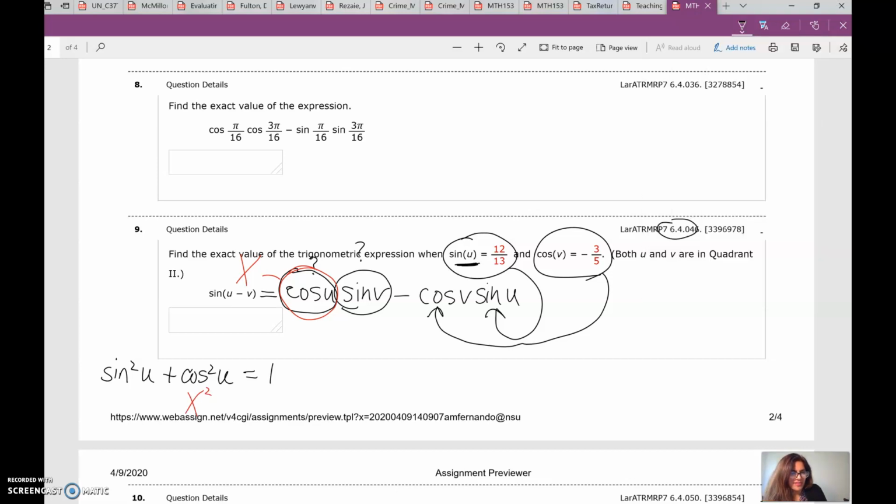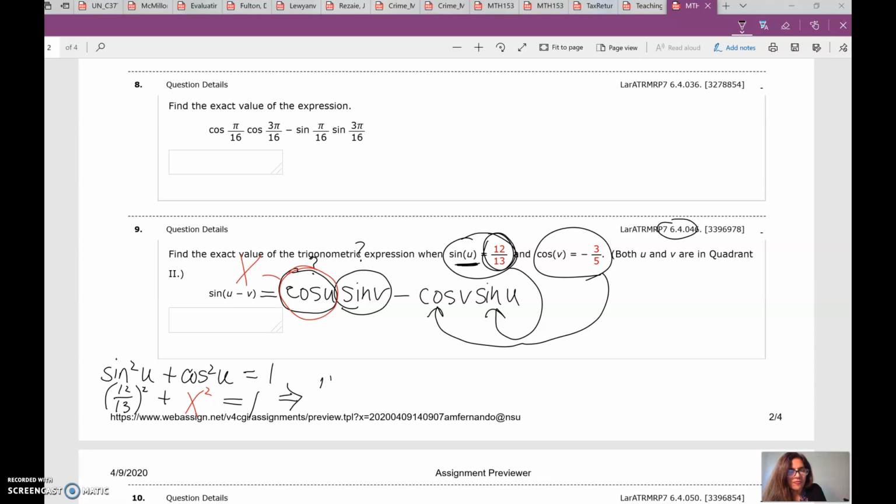So I'm going to have sine squared of u plus x squared equals 1. And we know what the sine of u is. It is 12 over 13. So we square that. And that gives us now an arithmetic equation. No more trig. This is just solving an equation.